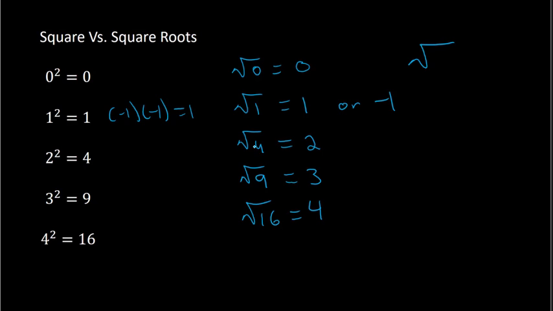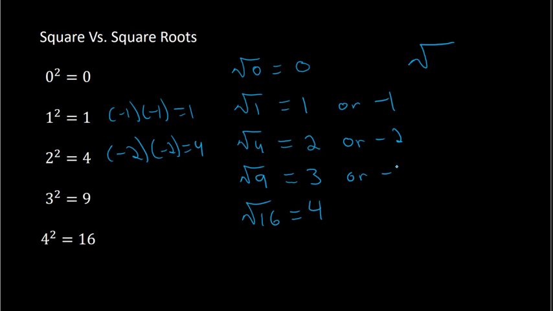So looking at the square root of 4, that's asking what squared gives me 4. So yes, positive 2 gives me 4, but also negative 2 squared would be 4 as well, because negative 2 times negative 2 would be a positive 4. So this could also be a negative 2. Same for all of these.